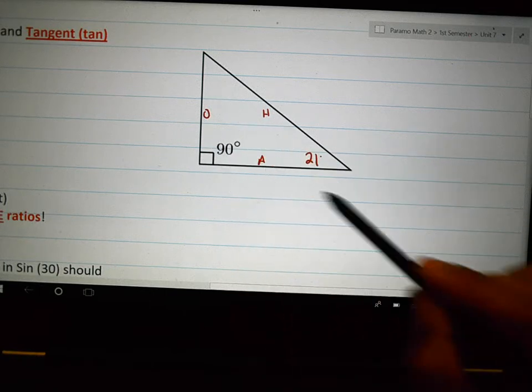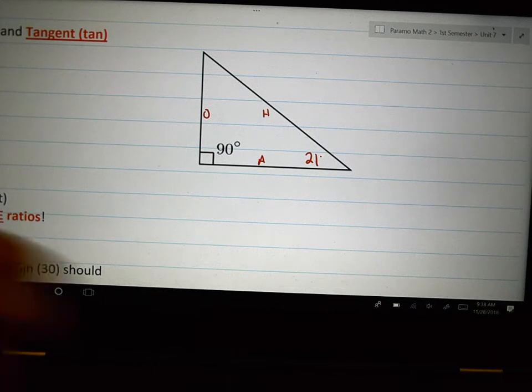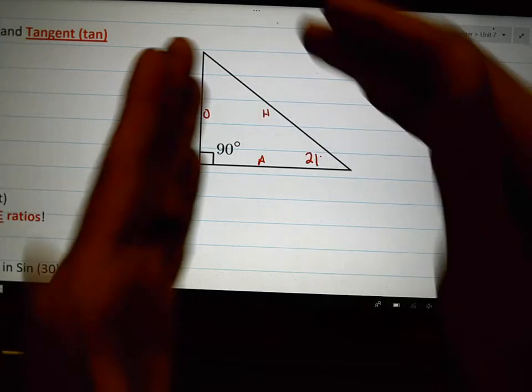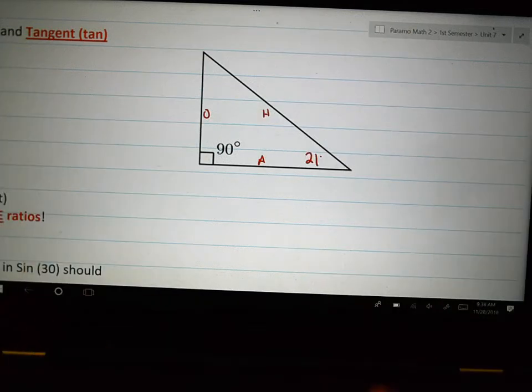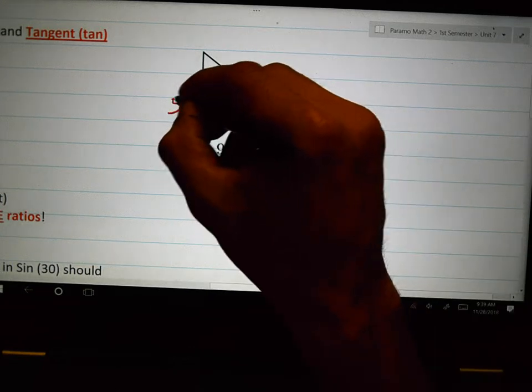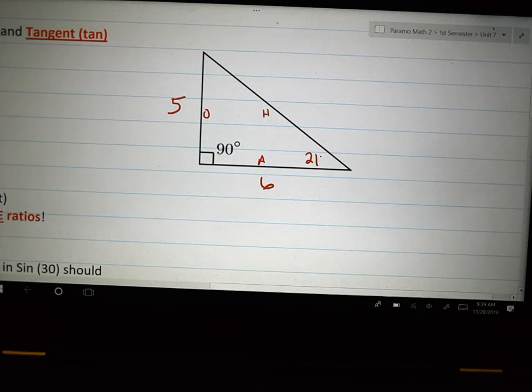This is the adjacent one, touching the angle but not the hypotenuse. Then you can figure out anything you want based off of which sides we use. For example, if I have a 5 and a 6, just like this, okay?